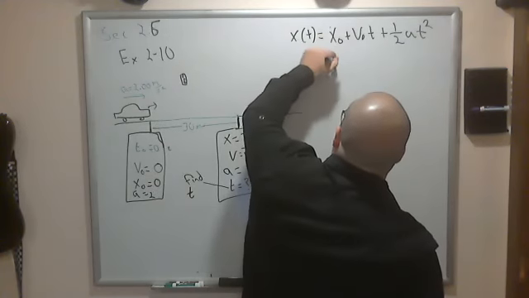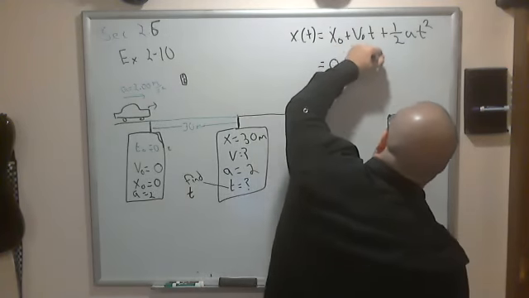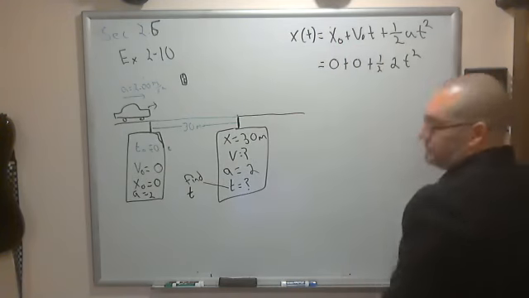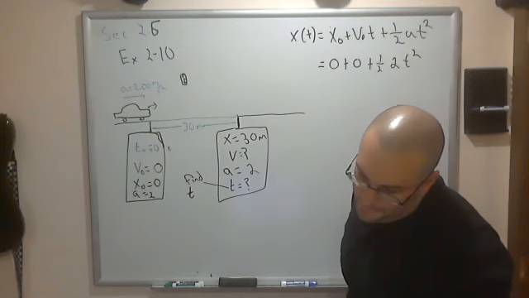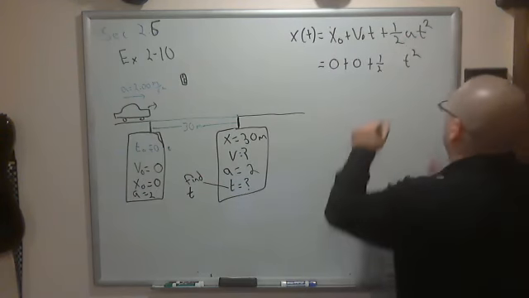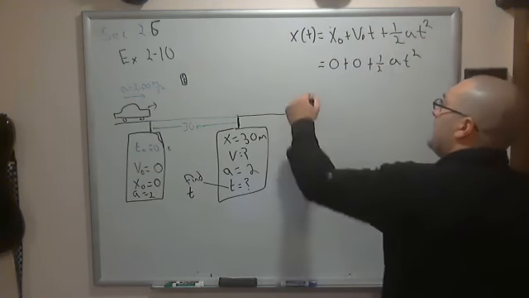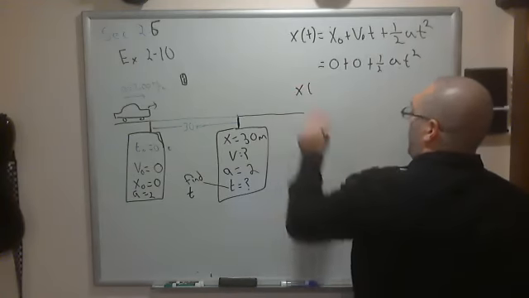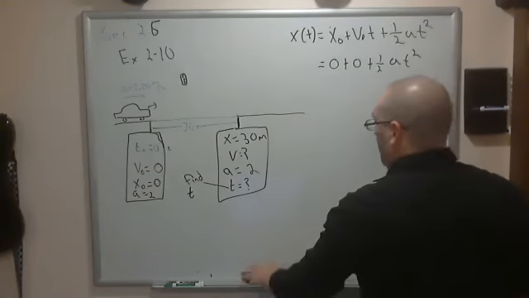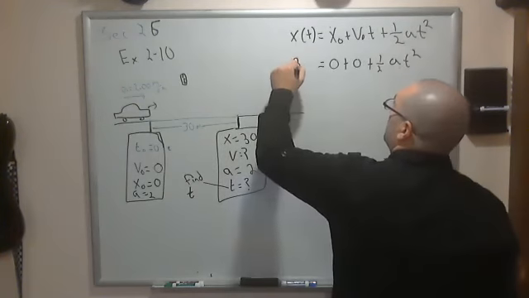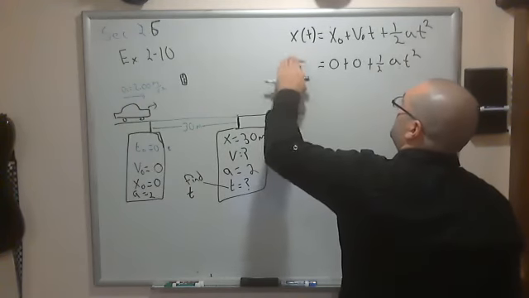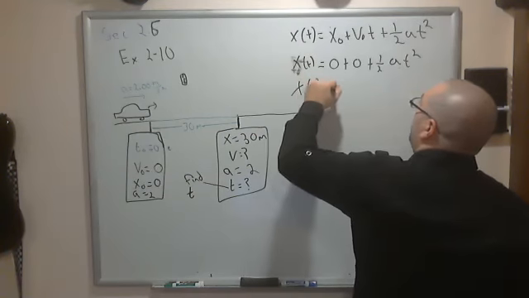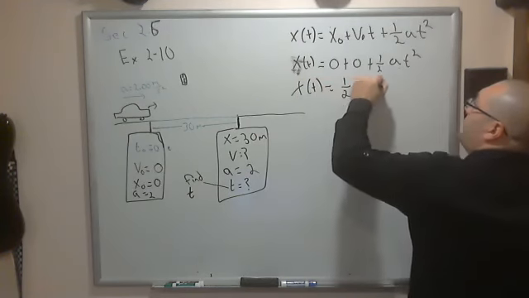So let's solve it. When we plug everything in, we have 0 plus 1 over 2 times 2a, right? We'll leave a alone. And then x, of course, is 30. So then, in general, x is this simple function, right?